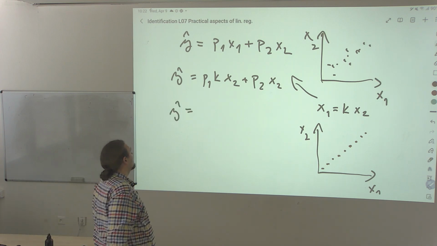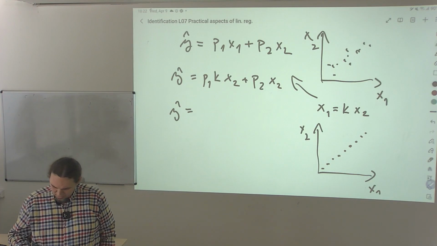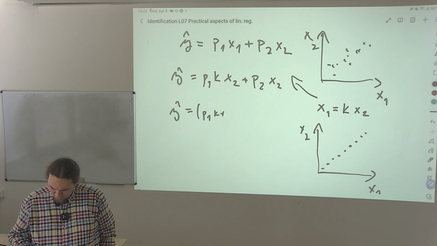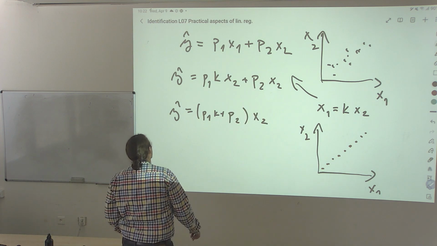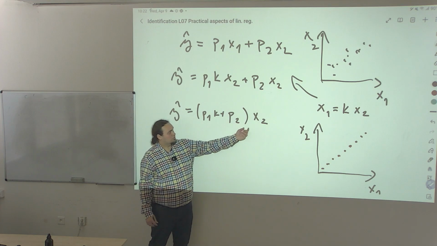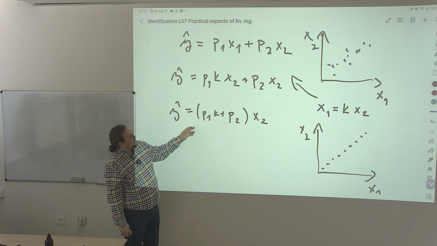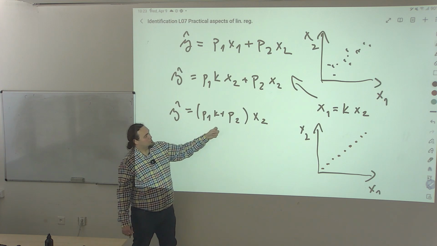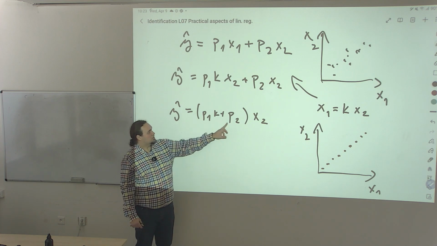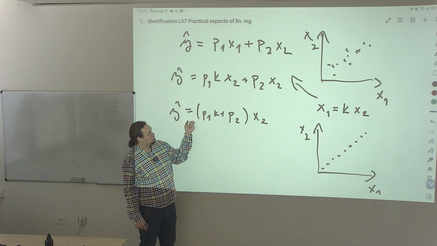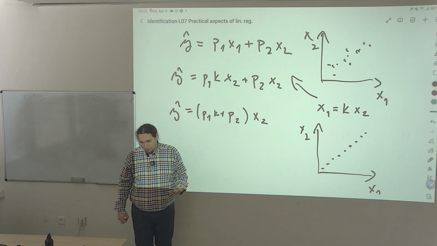We can now grab the terms with x2 together, and this basically means there is only one parameter that we should be looking for, and whatever parameters p1 and p2 we will actually estimate, they will be already correlated to go close to the true value of this bracket.